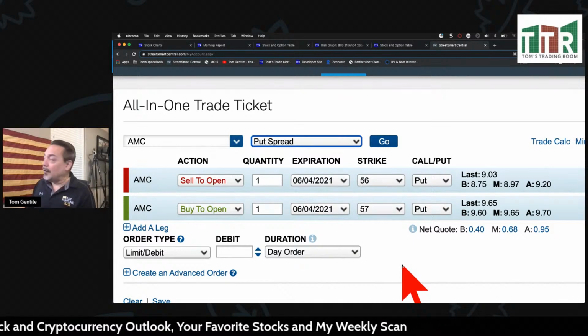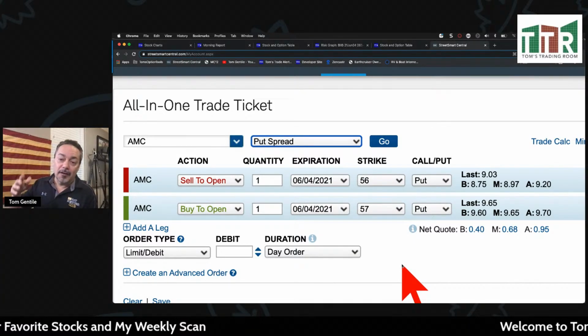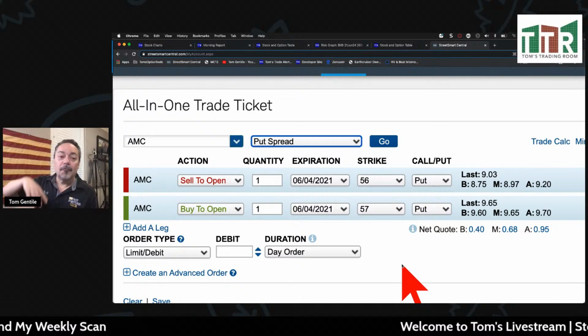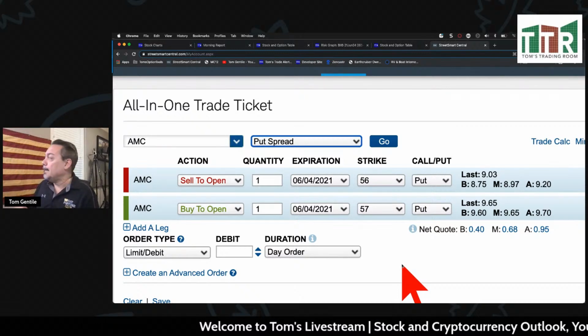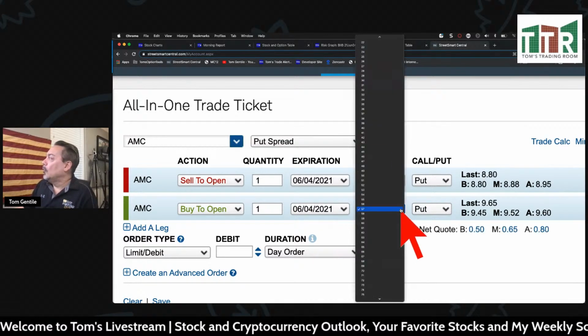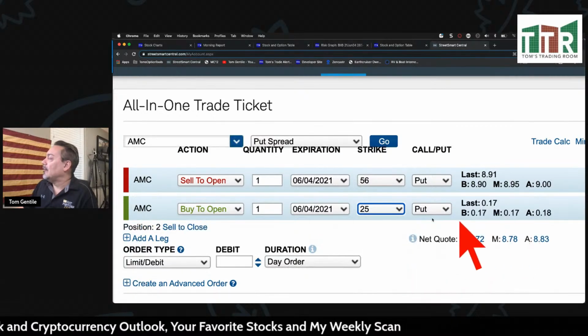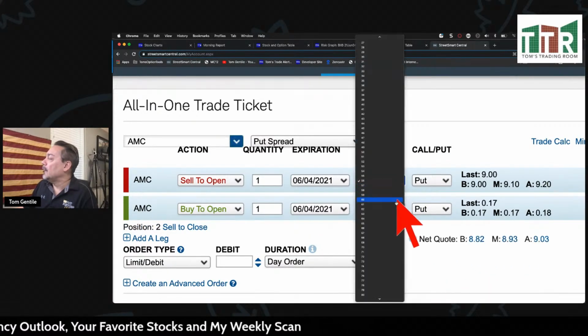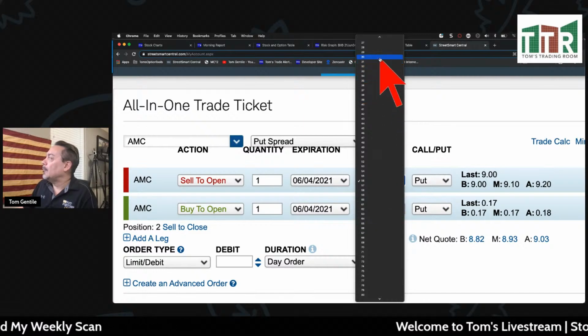We already know this thing's going to move potentially $16 to $18 below or above today's price. That puts us around the mid 30s. What if I bought the 25 put? That's 17 cents. What if I sold the 30 put? That's a 5-point put spread.